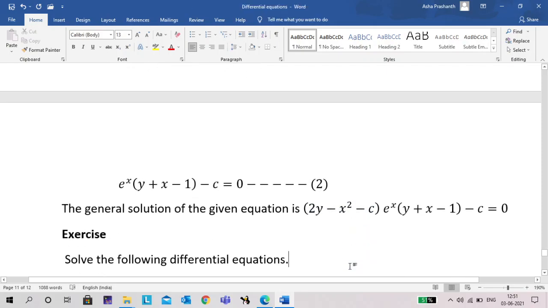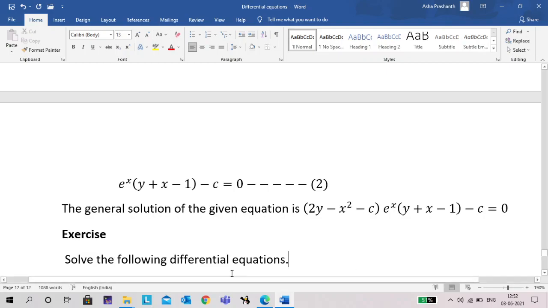Call this equation 2. Combining equations 1 and 2, we get the general solution: 2y minus x square minus c, times e power x of y plus x minus 1 minus c, is equal to 0. This is our general solution of the equation.